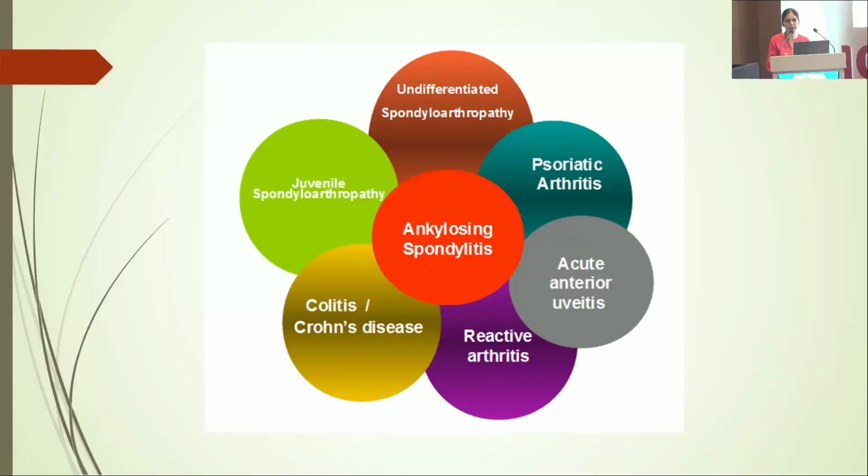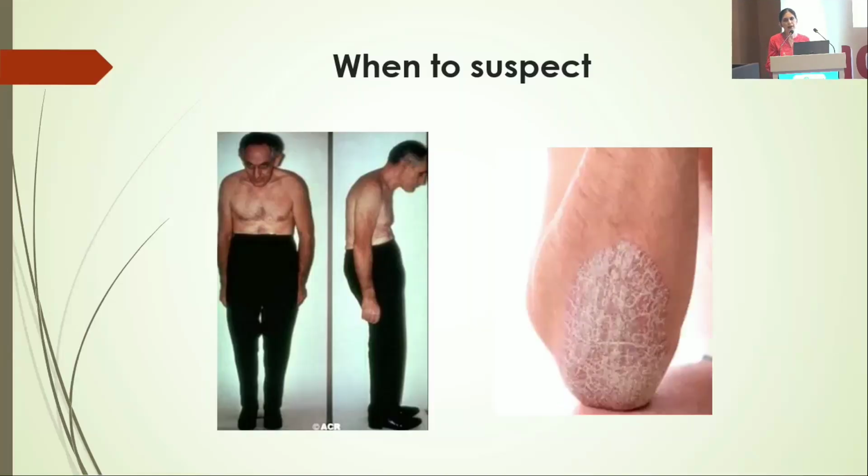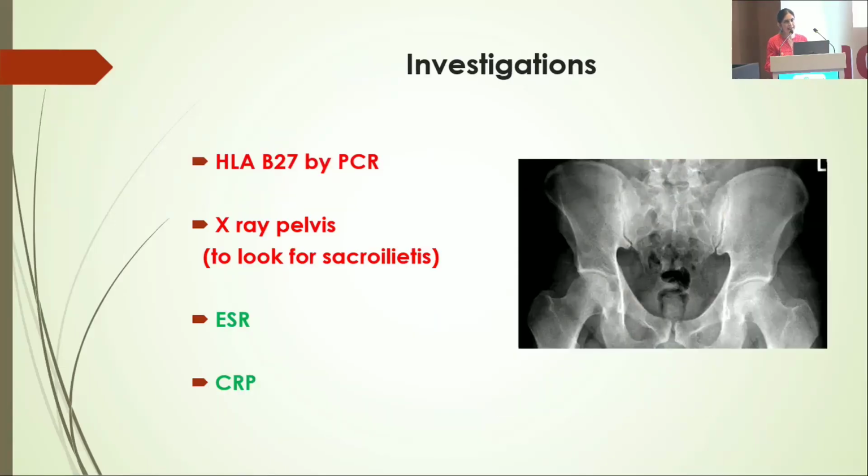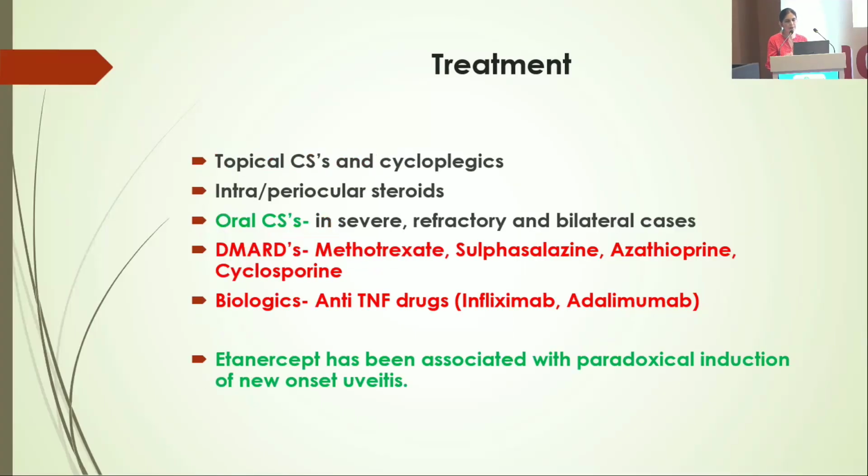It may be ankylosing spondylitis or it can be undifferentiated spondyloarthropathy. Suspect if you find a psoriatic plaque on the extensor surfaces of the body, or if you find a male patient with arthritis having a stoop posture. Kindly order HLA-B27 by PCR, not by flow cytometry, X-ray pelvis to look for sacroiliitis, ESR and CRP to look for disease activity.